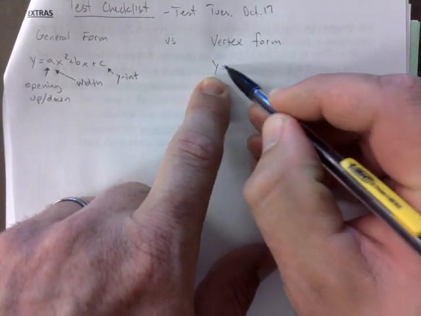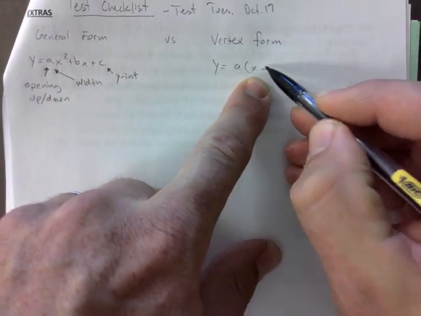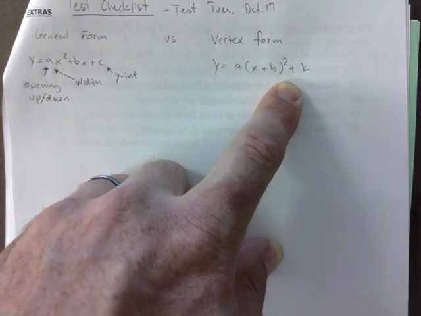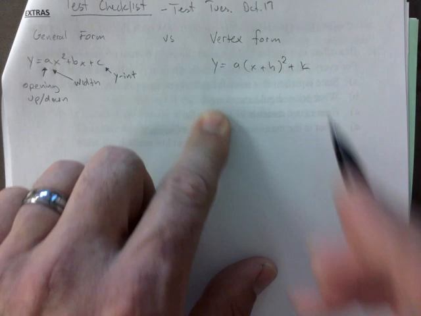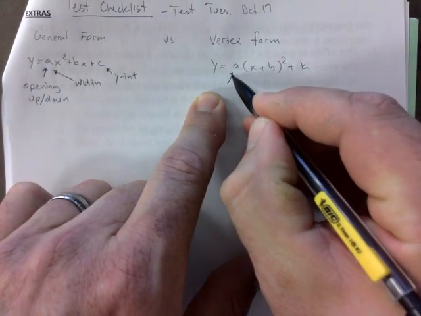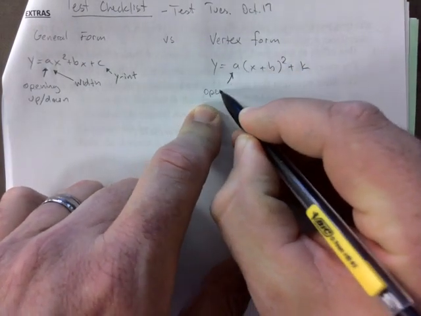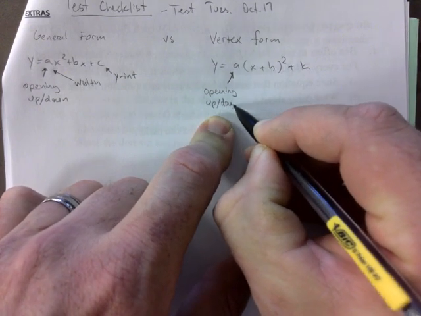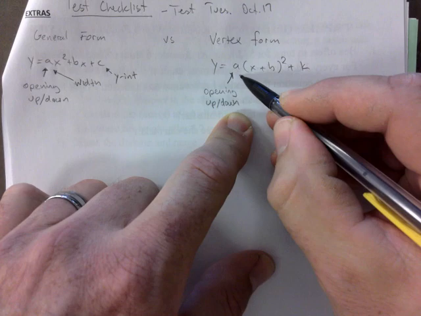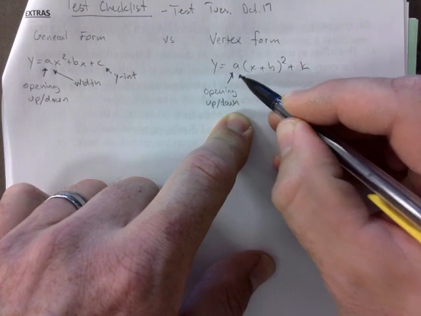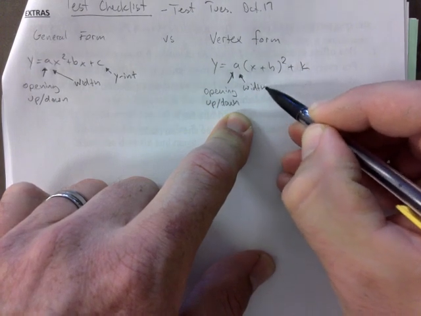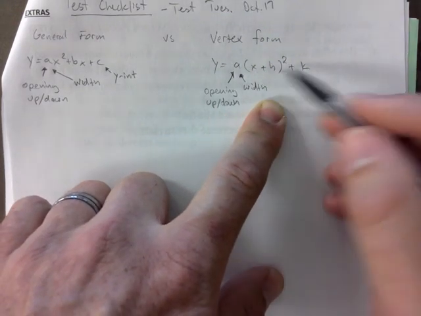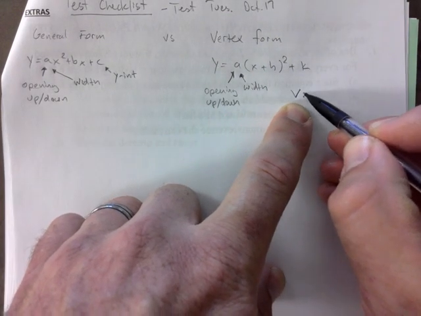Vertex form on the other side looks like this. And A still does the same thing, right? Opening up or down, and it still gives us the width, nothing changes there. But you can, from it, just say, hey, what's your vertex?